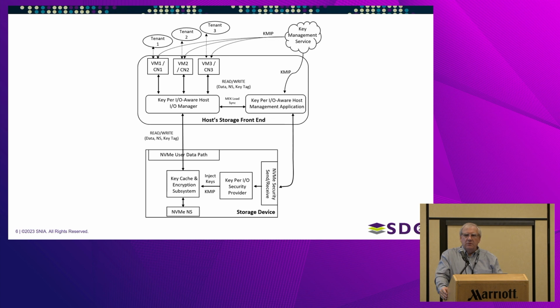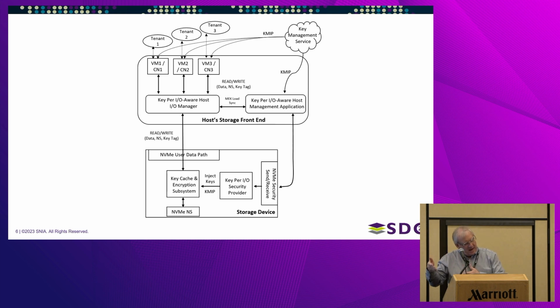Now, if you're activating KPIO at the namespace level, and you've got namespaces that are established already, you could activate it and only use one namespace on the drive for KPIO, while the other ones might be associated with Opal, but you don't have access to those.